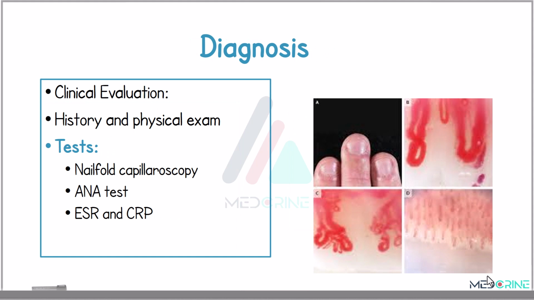The diagnosis of Raynaud's disease is based on evaluation and confirmation through tests such as capillaroscopy, ANA, ESR, and CRP testing. You can as well perform a clinical evaluation using history and patient physical examination.